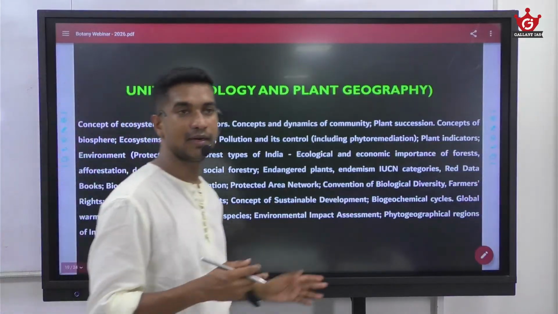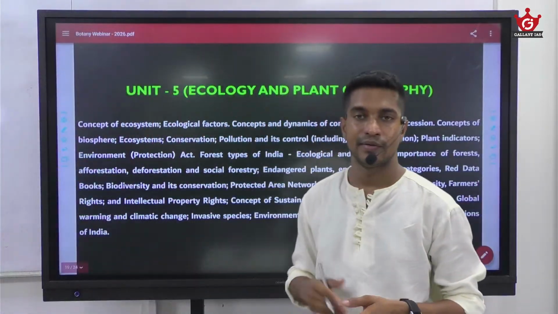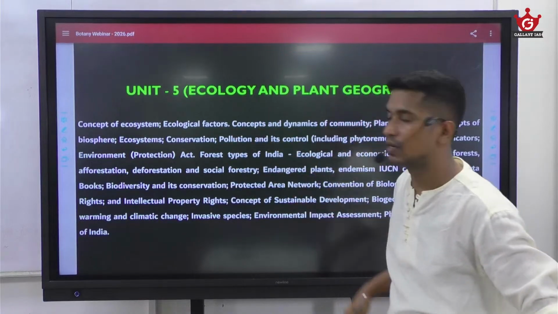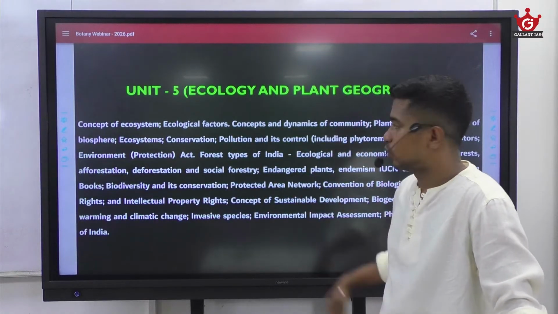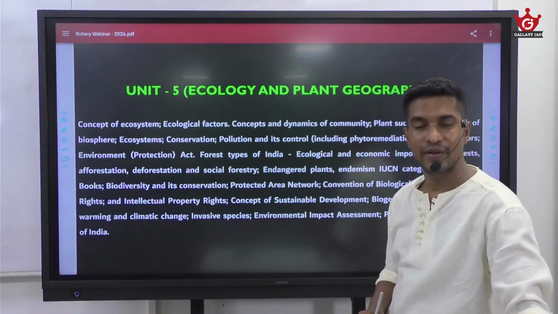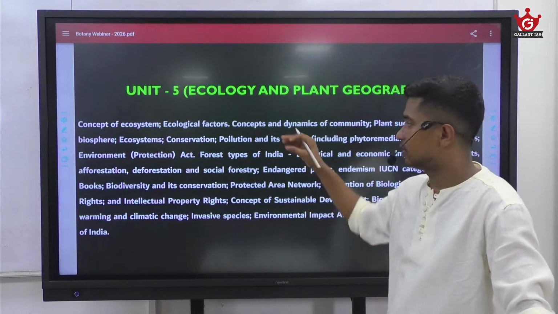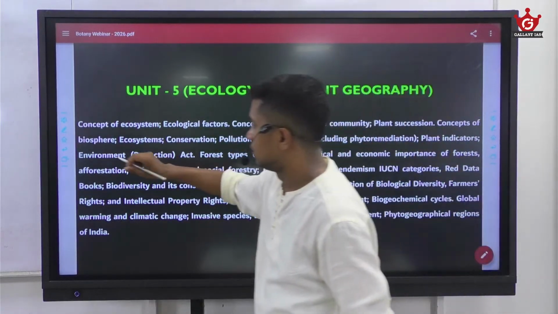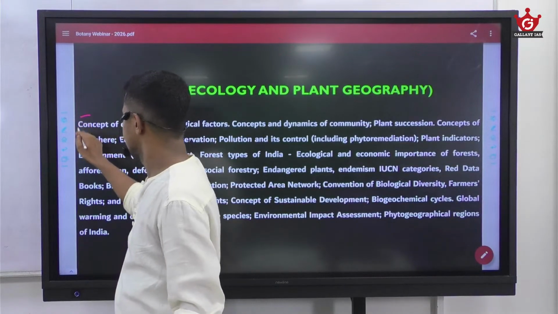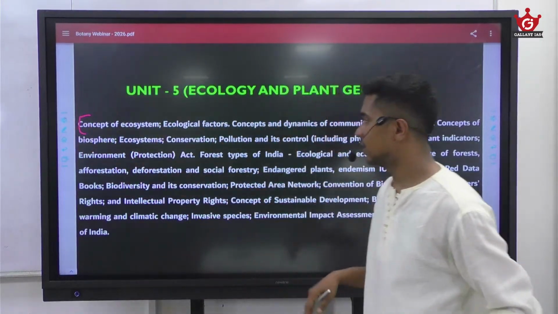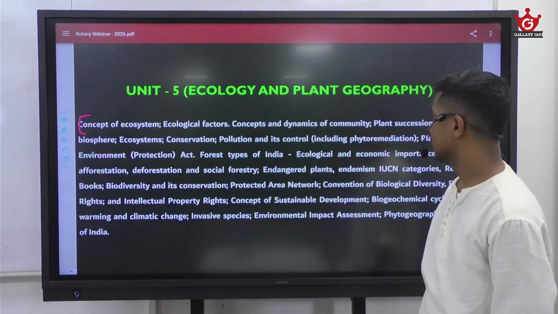And the last unit under paper 2 is ecology and plant geography. These are the topics mentioned under ecology and plant geography.